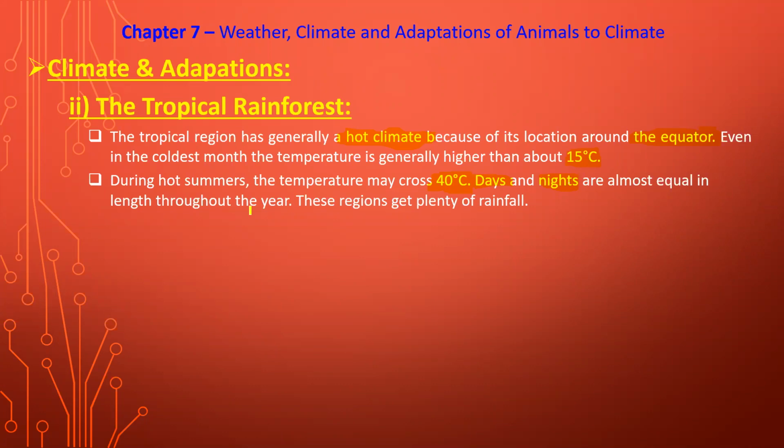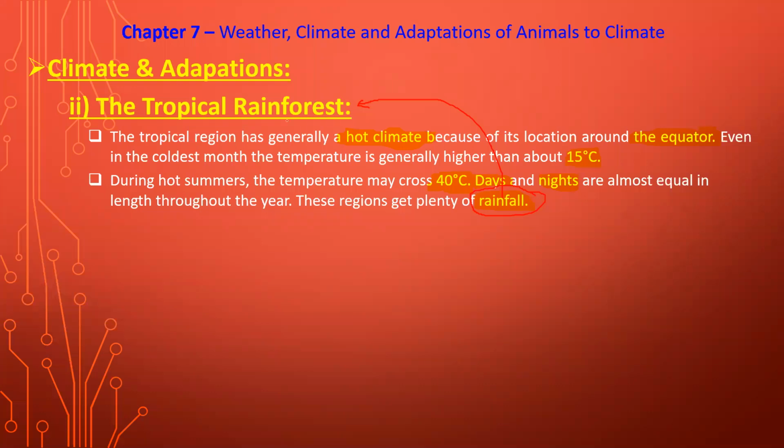Therefore these regions get plenty of rainfall. This is the reason the amount of rainfall is very high in the tropical rainforest region, and that is why we refer to it as a tropical rainforest. The proportion of rainfall is very high compared to other regions, and due to this higher rainfall, forests are developed.